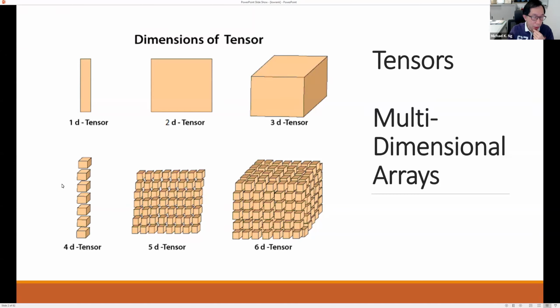Here you represent it as many cubes along one direction, and then 5D and 6 dimensions, etc. But basically, for a tensor you have the so-called mode, or depending on the terminology you use, sometimes we call it the order of the tensor. So you have several orders to describe the data in different directions, different modes.